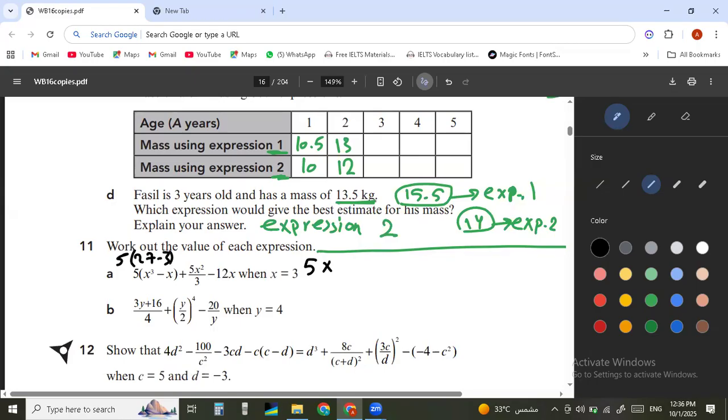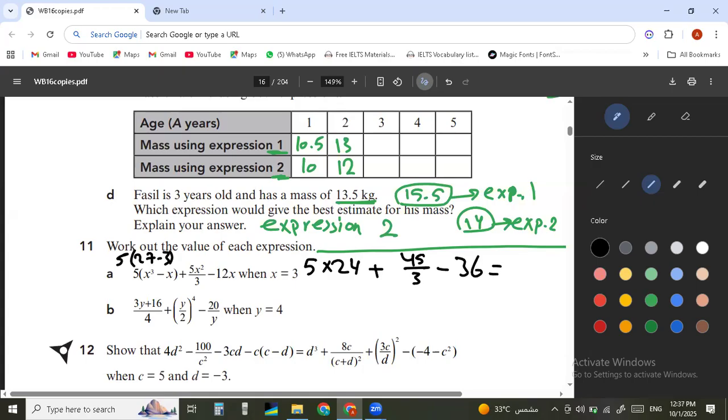So it is 5 times 27 minus 3, which is 24. Plus 5 times x squared. X squared is 9, since 3 squared is 9. So 5 times 9 is 45 over 3, minus 12 times x, which means 12 times 3, which is 36.